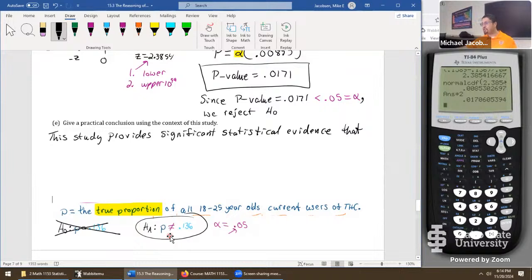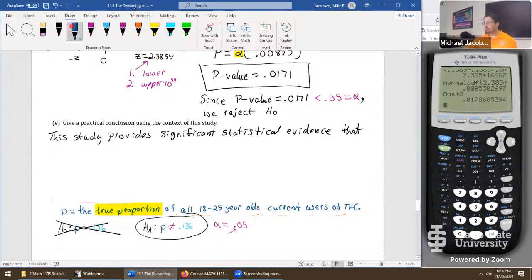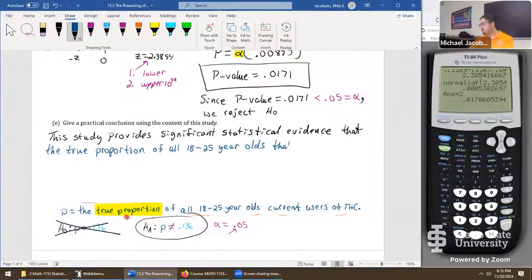Now, we go down here and just read out what this statement says. So I get the colors going, there we go. We have significant statistical evidence that the true proportion, or you could say percentage here again, like we've mentioned, of all 18 to 25-year-olds that are current users of THC.